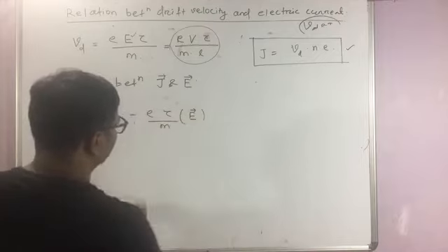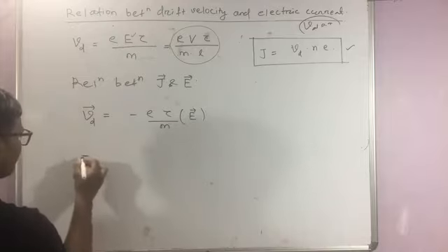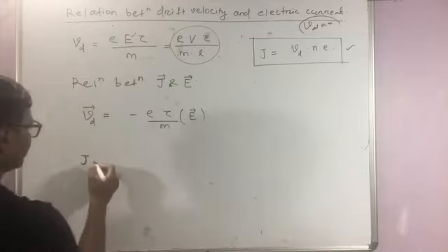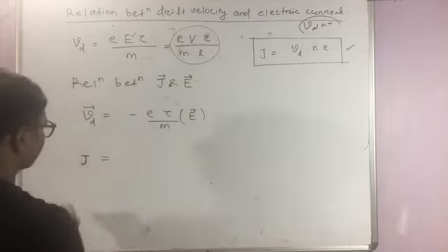Okay? And we can write, which implies another equation, that J vector is equal to Vd into n into e here. If you take the sign of the charge, we can take minus e over here.